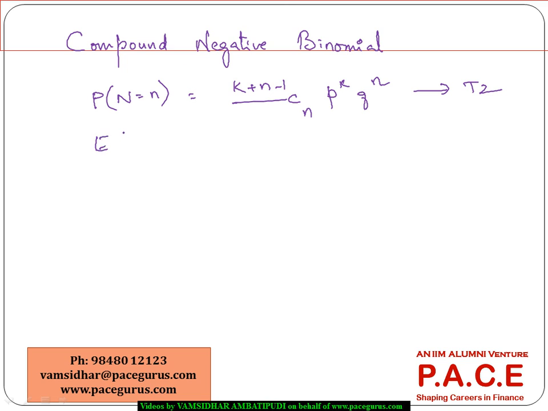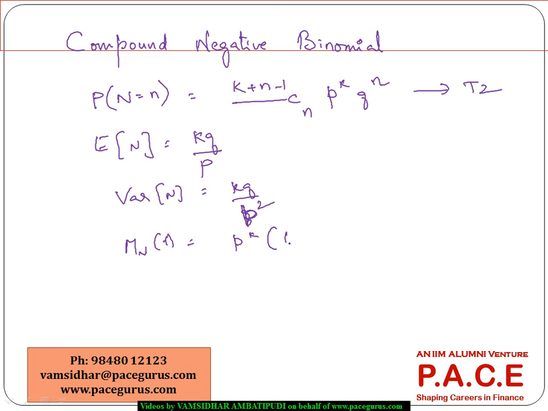And we know that the expected value of n becomes kq by p. Variance of n in this case will become kq by p squared, and the moment generating function of n will become p power k times 1 minus q e power t to the power minus k. So these are the typical values that are associated with a negative binomial kind of a distribution.